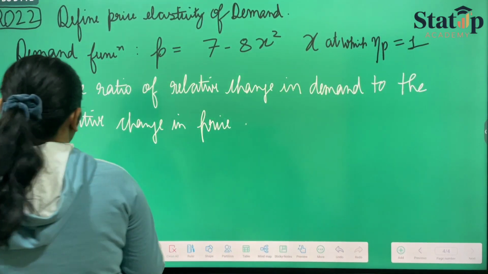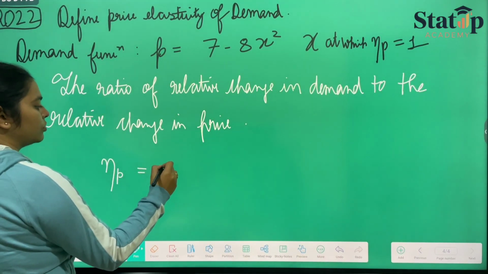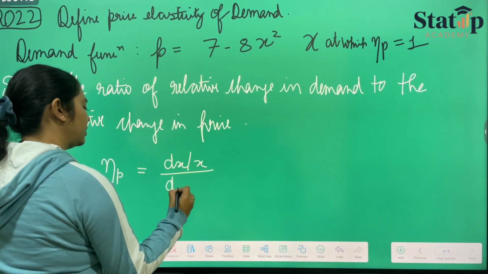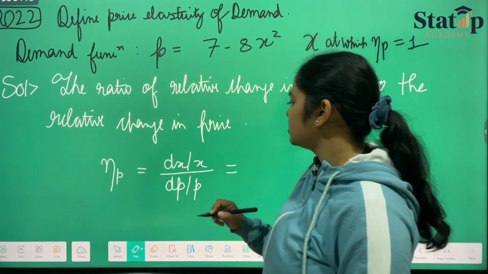And we can write this as eta p equals dx by x upon dp by p, where x is demand and p is price.